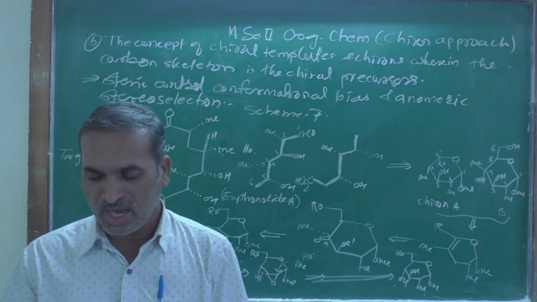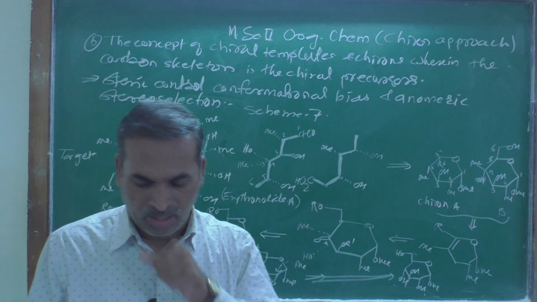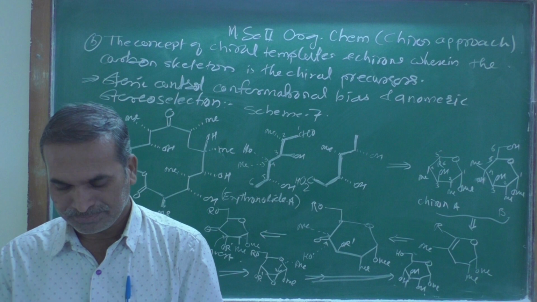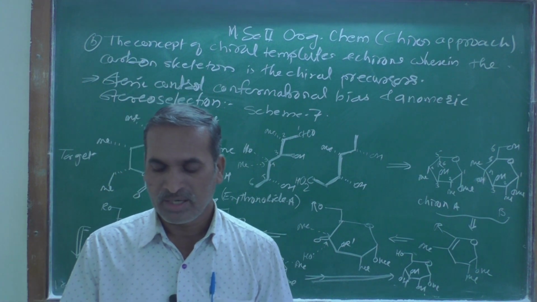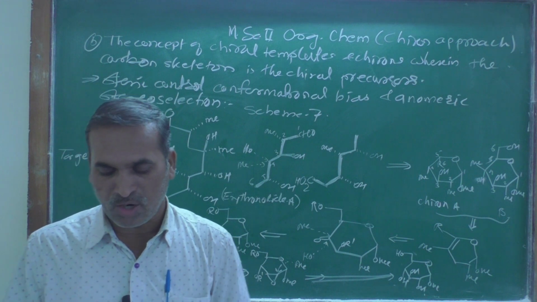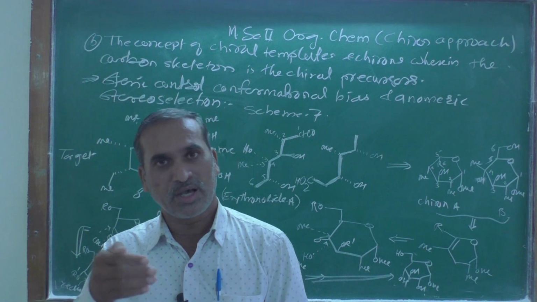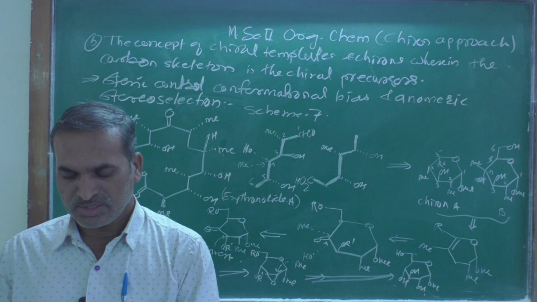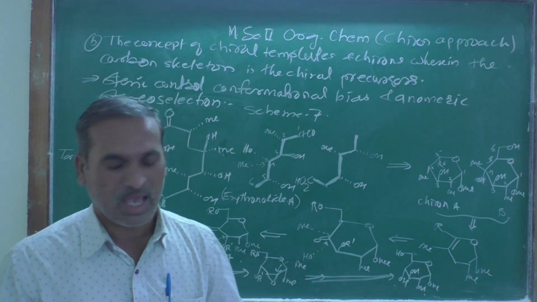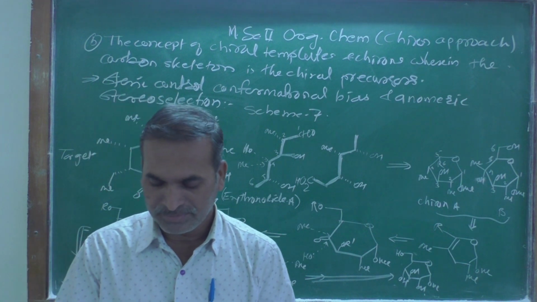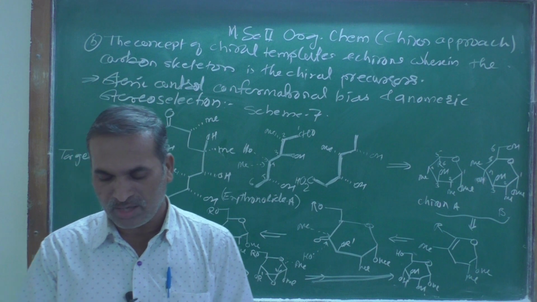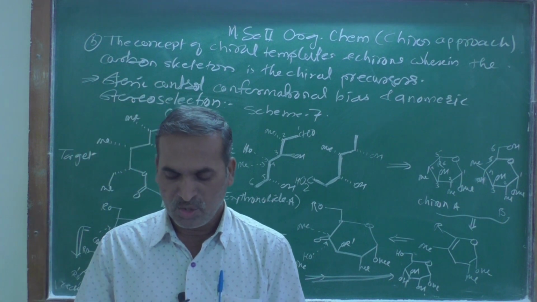Hence, B can be used as an intermediate to produce A, provided that the configuration at C5 is inverted and the hydroxyl group at C4 is removed. The sequence shown in scheme 7 illustrates how this analysis can be capitalized upon, starting with methyl alpha-D-glucopyranoside.